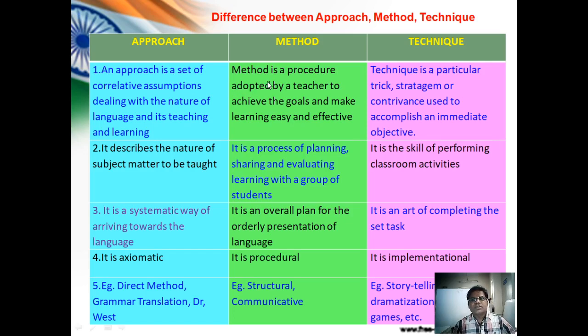So method is known as a procedure, whereas an approach is a set of correlative assumptions. With the help of this procedure, the teacher can achieve the goals and make learning more effective and easier.